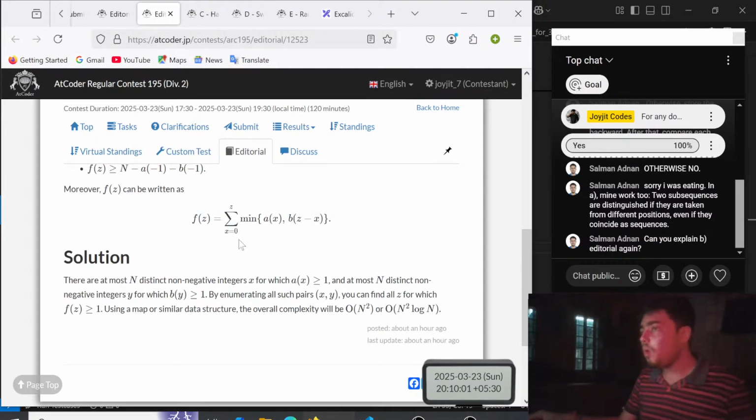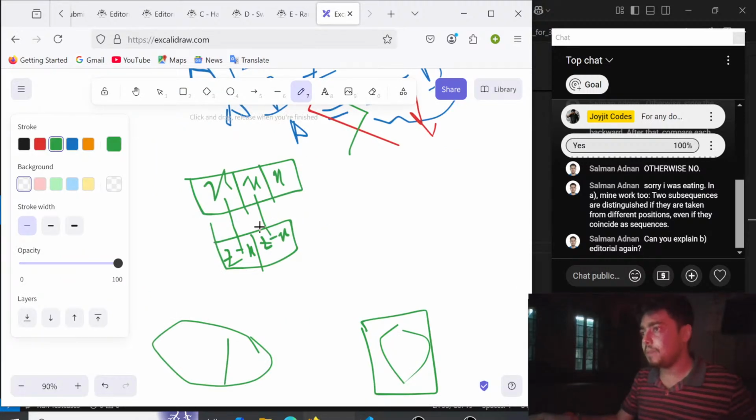Now for all the possible values of x, if I'm finding them out, from that I can find out what should be the value of z such that we yield the best number, that is the minimum of these two, that is minimum of 3 and 2. Over here in this case it was 3 and 2.